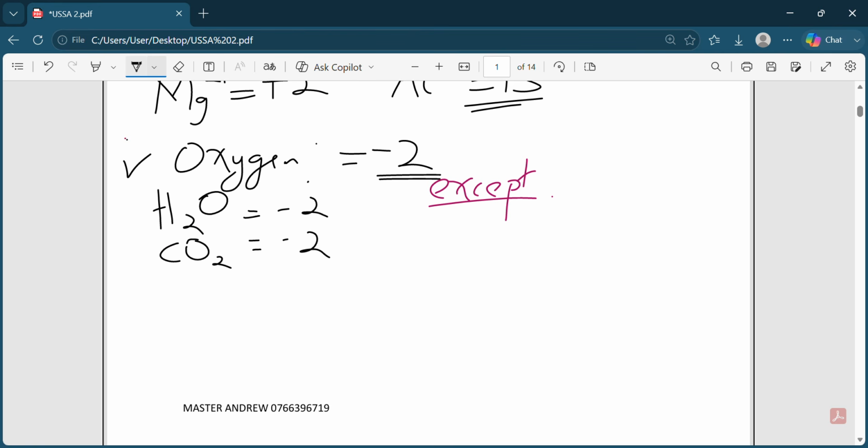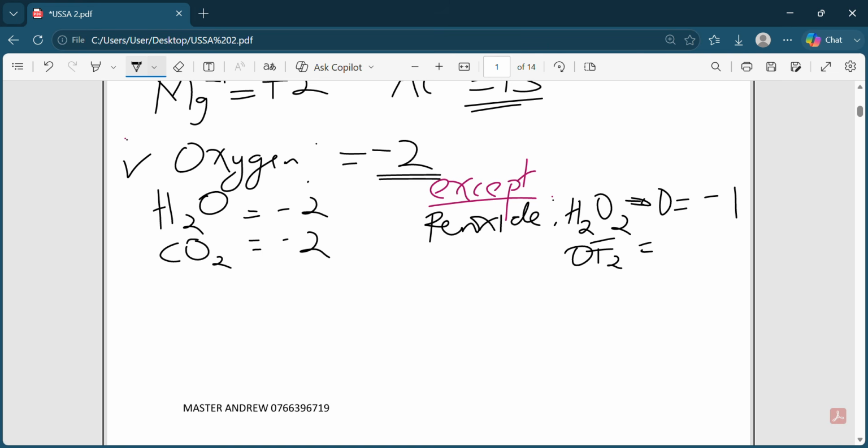If we are having a peroxide, like hydrogen peroxide, oxygen in this case will be bearing an oxidation state of -1. And even in other compounds, like oxygen difluoride, this would have an oxidation state of +2, and not the usual one. So in the normal case, it will always be -2. These are the only exceptions we can be considering for now.